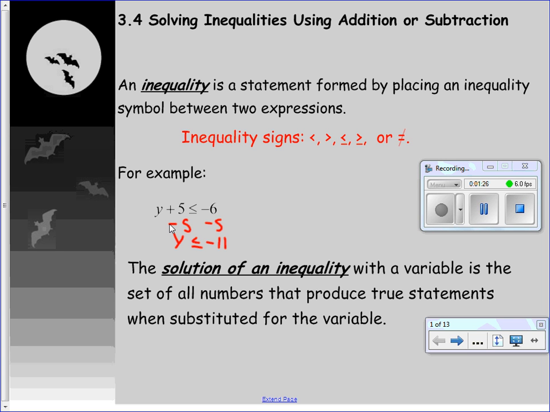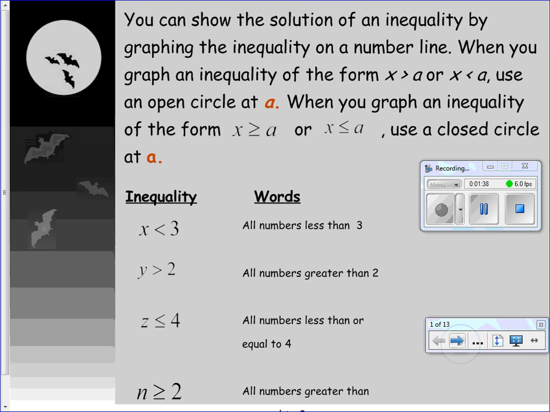As we continue this lesson, I'm going to teach you how to solve an inequality, how to graph it, and what an inequality actually means. You can show the solution of an inequality by graphing it on a number line. When you graph an inequality of the form x is greater than a, or x is less than a, use an open circle at a.